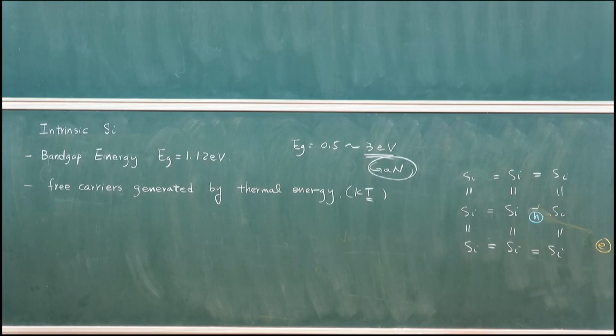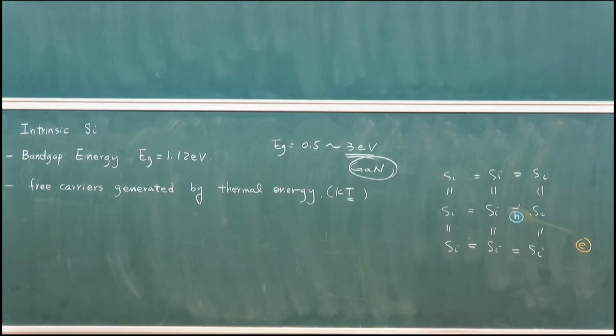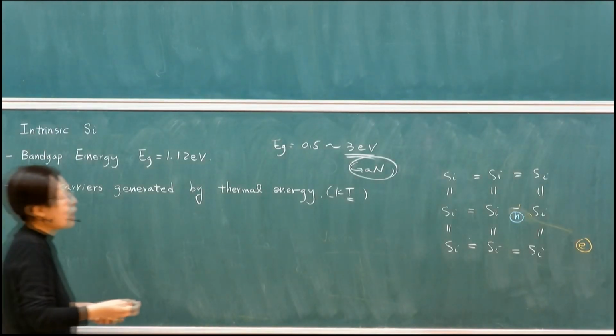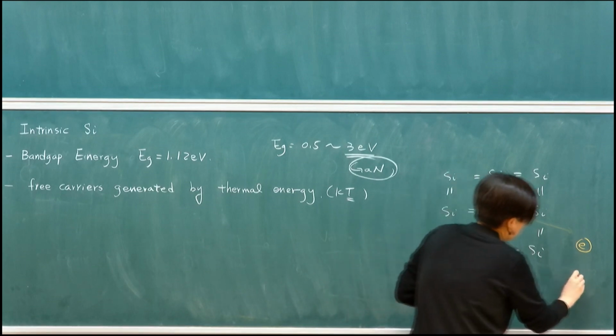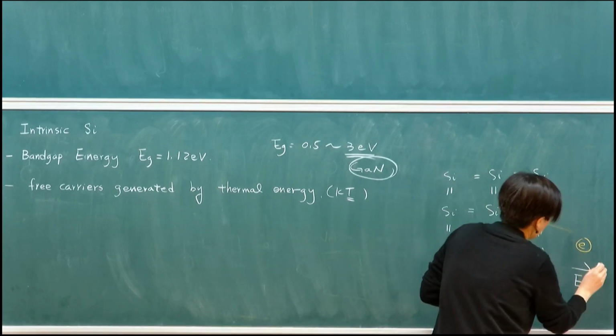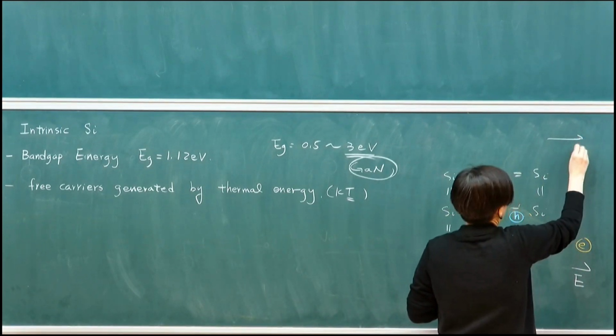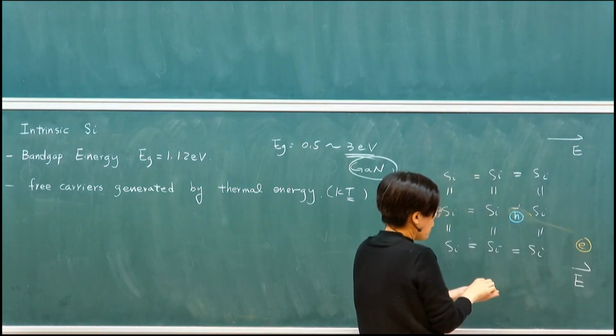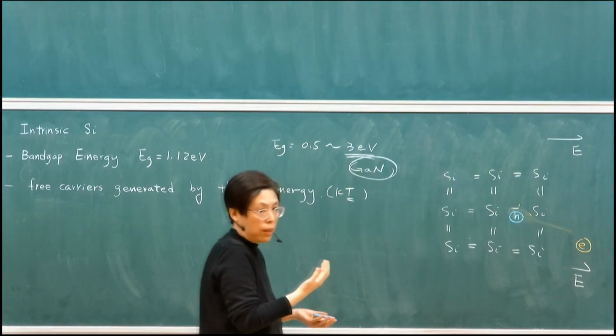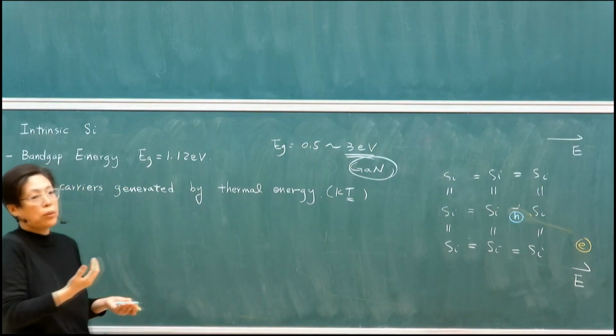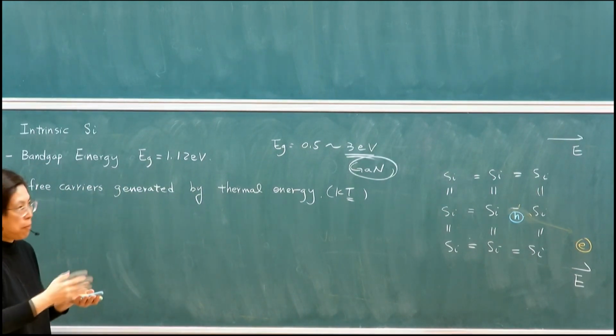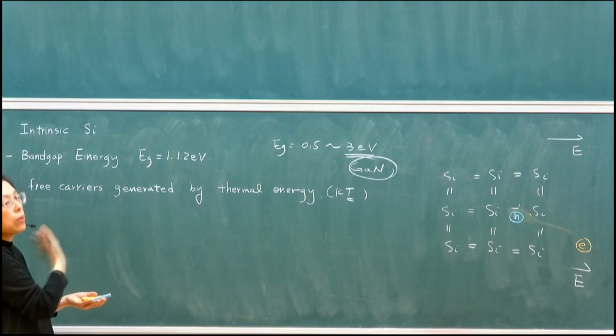How do we view the electrons? It's free because it's not bonded. It's not placed in a covalent bond, therefore it's free to leave. Meaning that if I apply an electric field in this direction, which way does the electron move? If I apply a field to the right, the electron will move to the left, right?